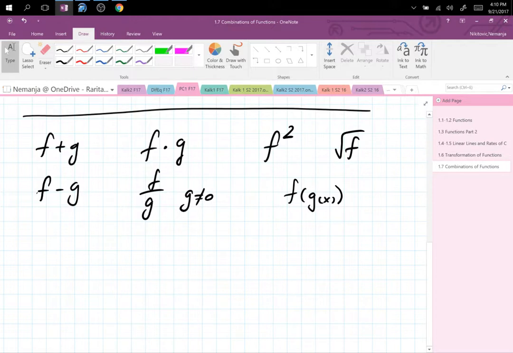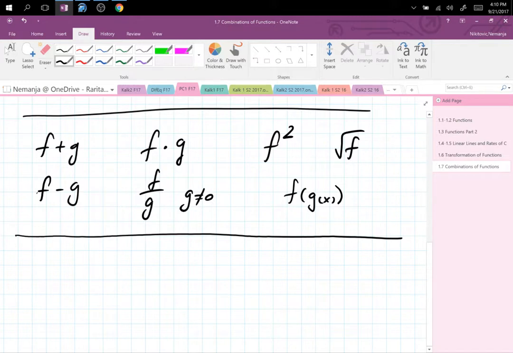So I'm going to just pull some of the exercises. Everyone ready? Problem 36. f of x is equal to 6x squared minus x minus 1. g of x is equal to x minus 1.